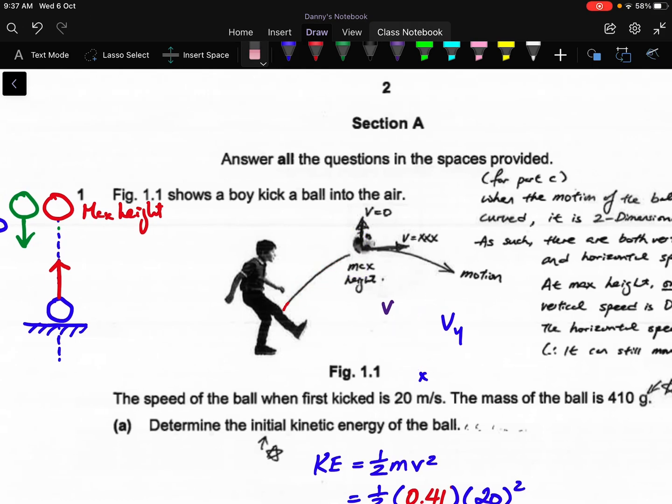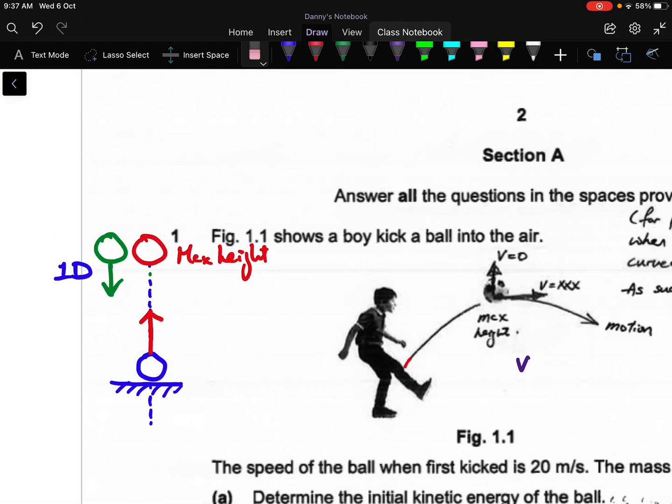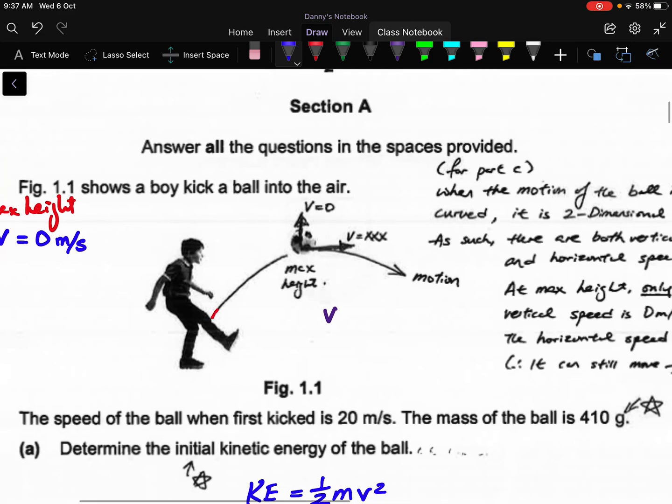What you need to know is that for a one-dimensional motion, when the object is at its maximum height, we say that the velocity will definitely be v equals 0. But for a two-dimensional object like this, the parabolic path goes like that. So if the object reaches its maximum height, the v in the y direction is 0.